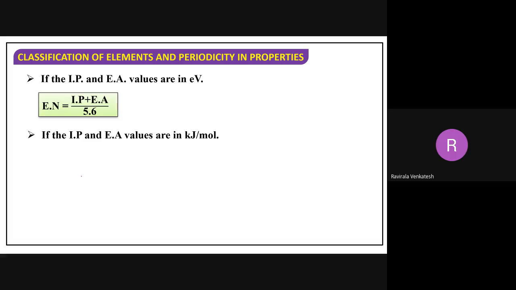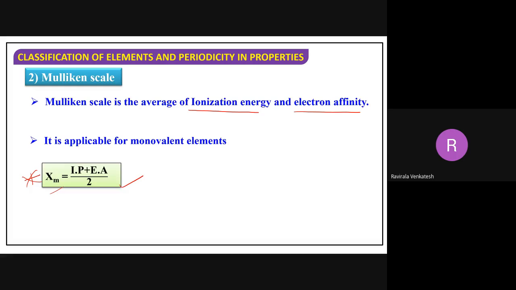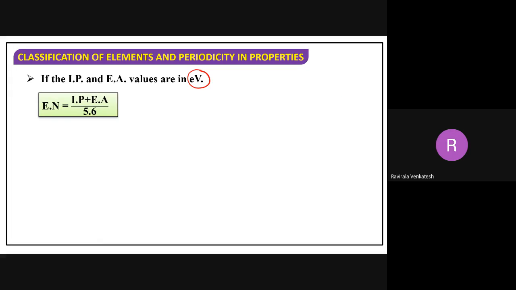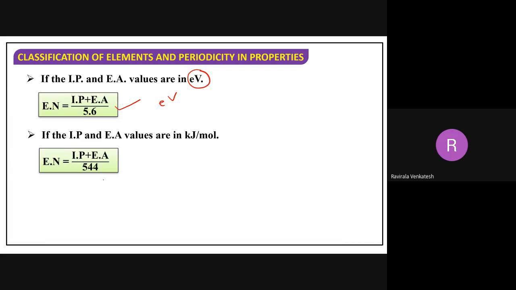For example, if the IP values and EA values are given in electrovolts, take IP plus EA divided by 5.6. The values are given in terms of electrovolts. If they are given in terms of kilojoules, take 544.